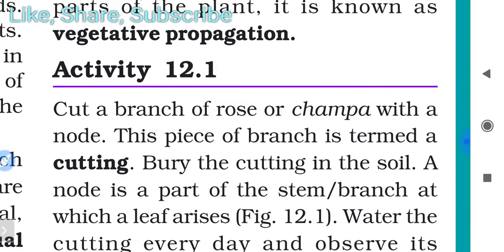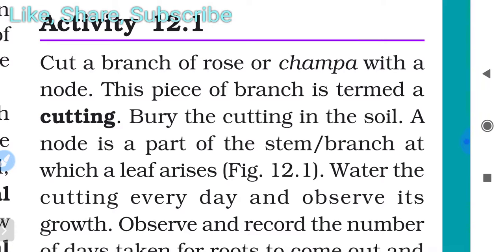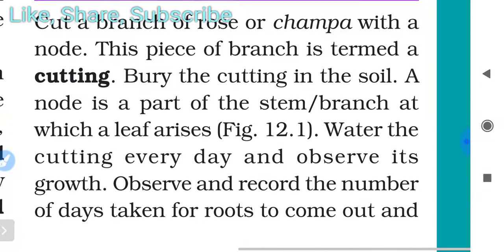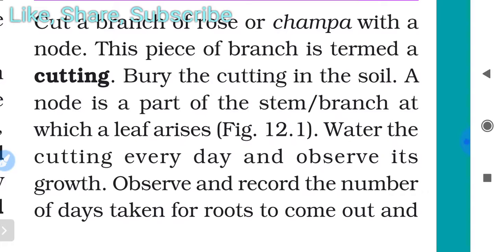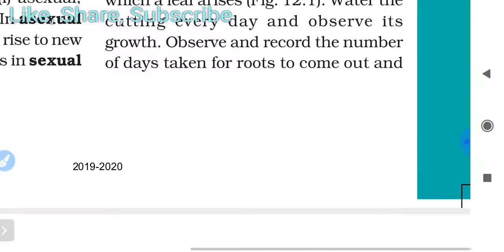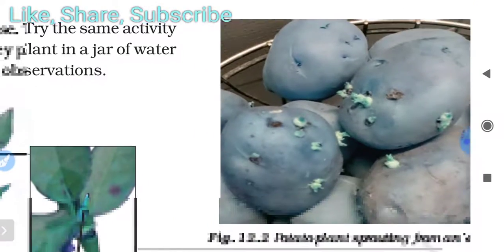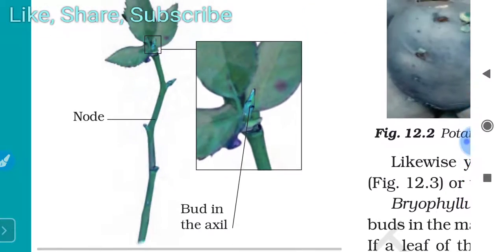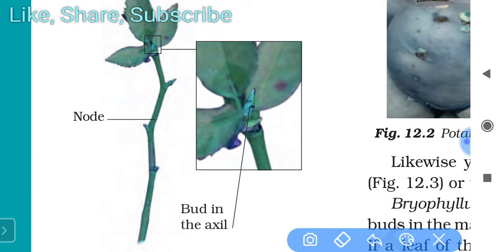From this activity you will understand better. You have to cut a branch of rose or champa with a node. This piece of branch is termed a cutting. Bury the cutting in the soil. A node is a part of the stem or branch at which a leaf arises, as you see in figure 12.1. You have to cut this part. These are the nodes from which a branch is arising.